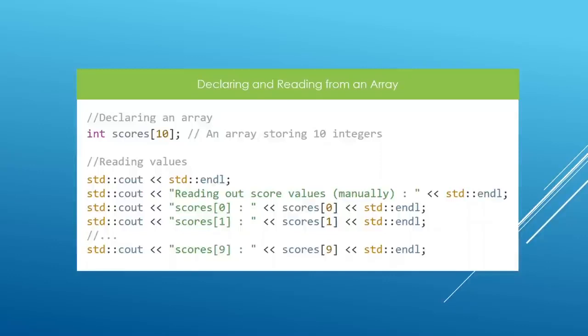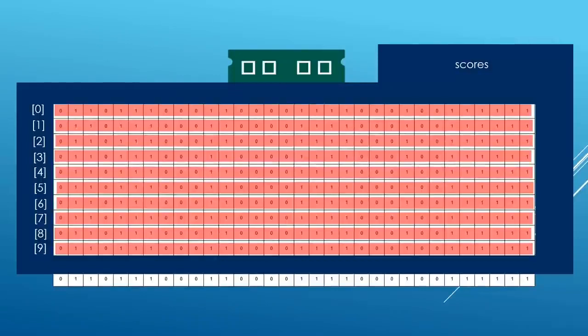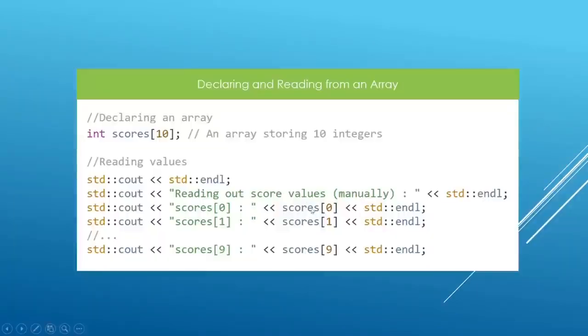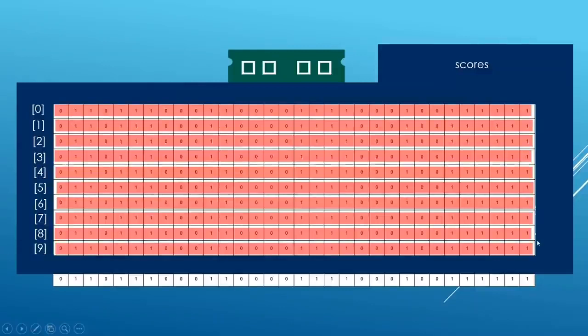One thing you should really keep in mind is that arrays are indexed from 0. They don't start from 1. So the first element lives at index 0, not at index 1. Here scores 0 is going to print the first element, and scores 9 is going to print the last element in our collection of integers.